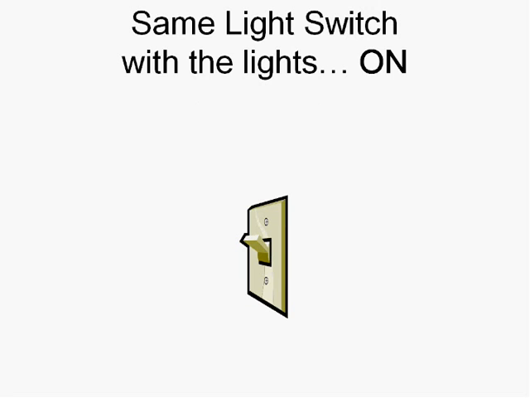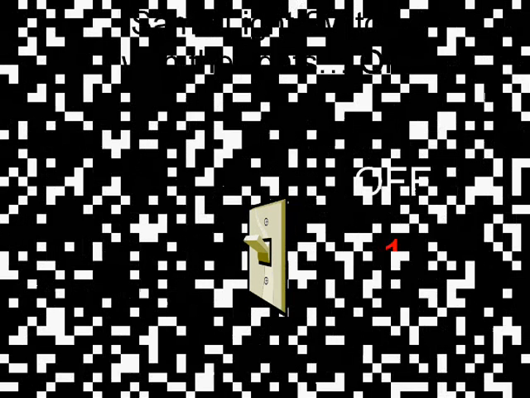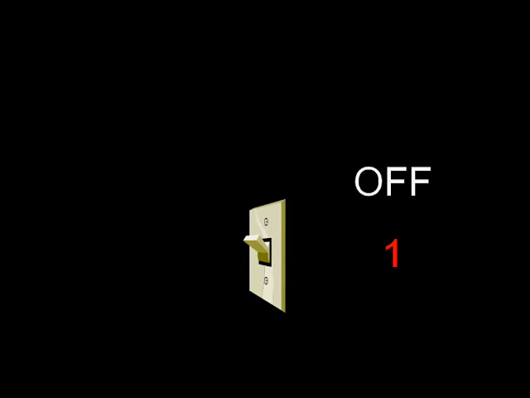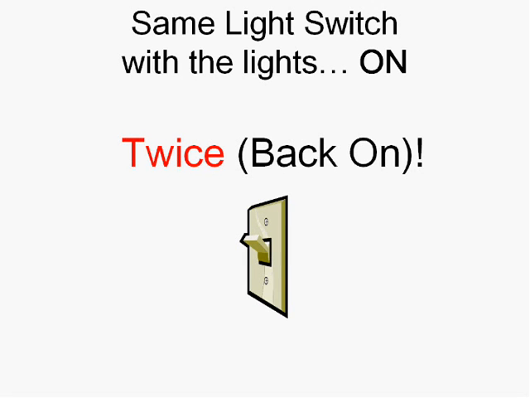Now let's talk about the same light switch. We'll start again with the lights on. And this time we're going to flip it twice. We're going to do the opposite of the opposite. The first time it'll be off, and we still need to flip it again. So the second time it ends up back on, doesn't it?